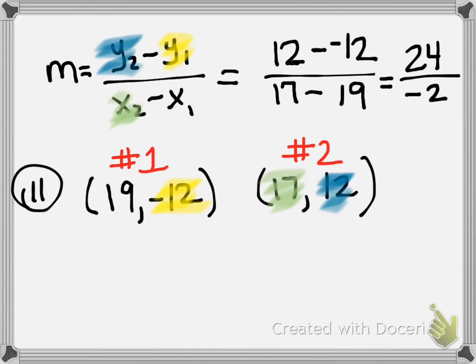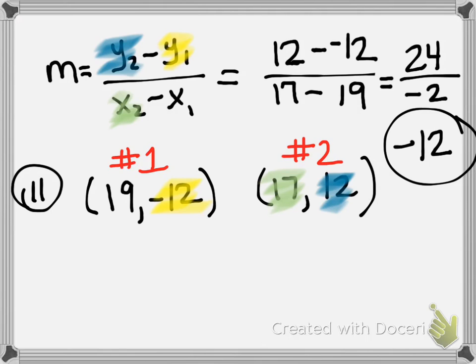That's a negative 2. When you simplify that fraction, you get negative 12. So the last of these is a matter of plugging those points into that formula for slope, m equals y2 minus y1 over x2 minus x1.